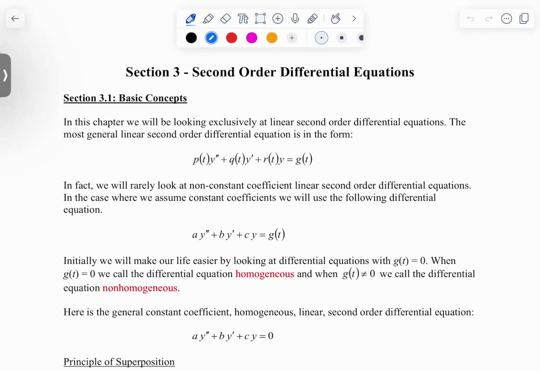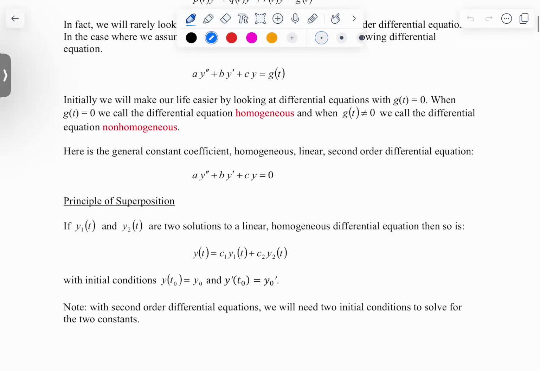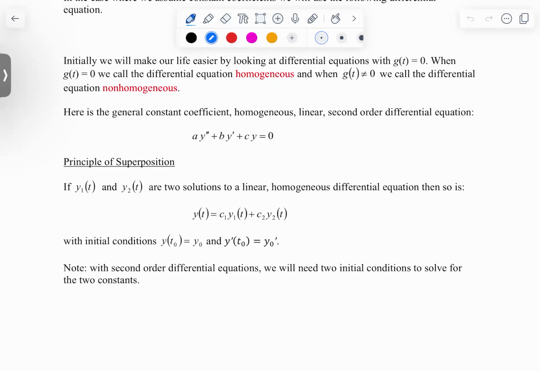And this is going to break into two particular cases: homogeneous, when g of t equals 0, and non-homogeneous, when it is not equal to 0. We're going to start with the simplest case, and then get slightly more complicated. The best part of all this is it breaks down to what's known as the principle of superposition.